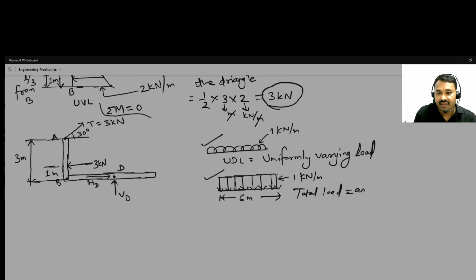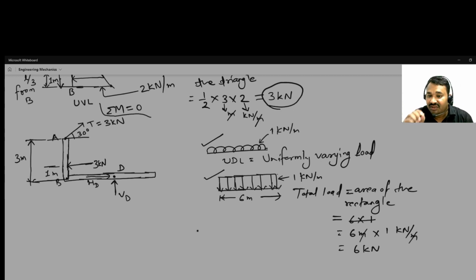It is area of the rectangle, and that is 6 into 1, with unit 6 meter and 1 kilonewton per meter. So this cancels. Okay, so what we get, 6 kilonewton.